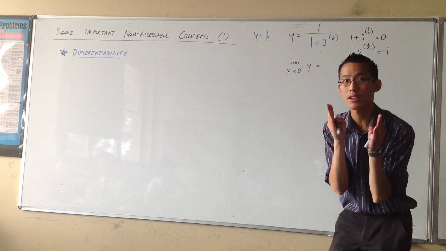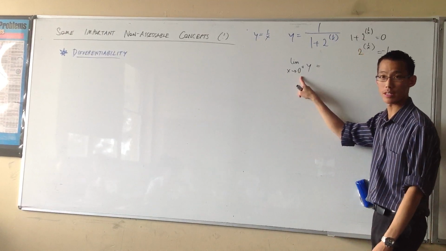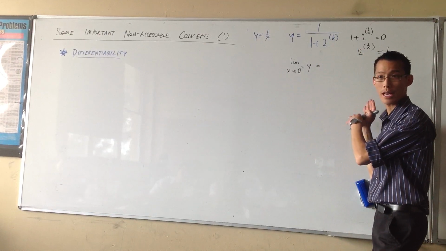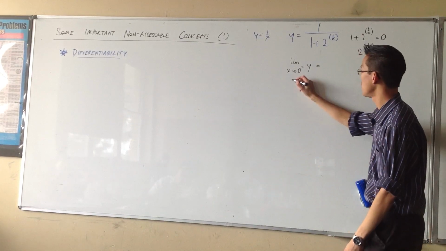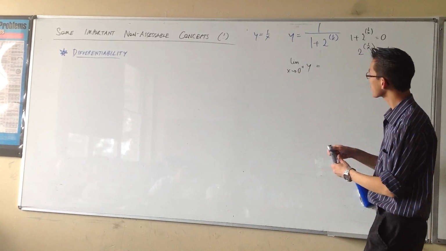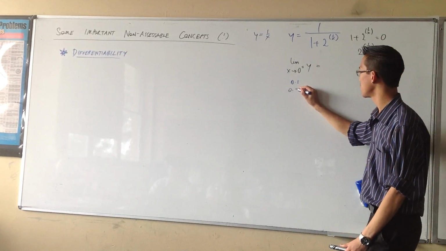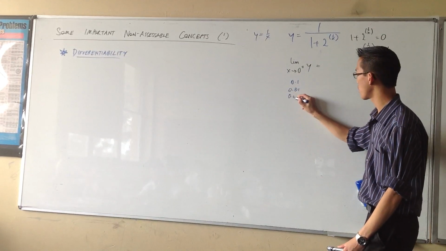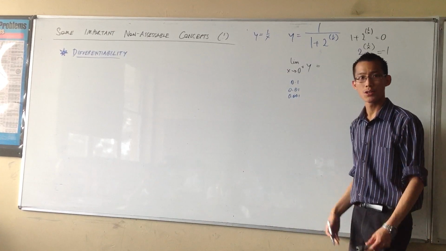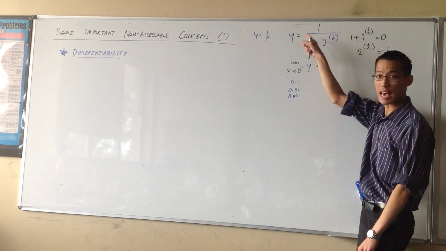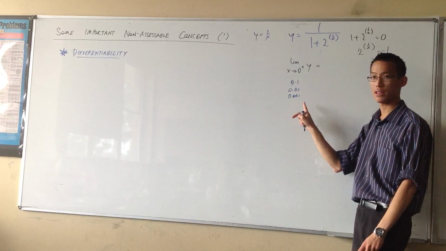So I'm actually thinking of very small numbers that are positive. They're the numbers on the right-hand side. Numbers like, say, 0.1 and 0.01 and 0.001. So I'm approaching what's happening towards the origin, but from this side.